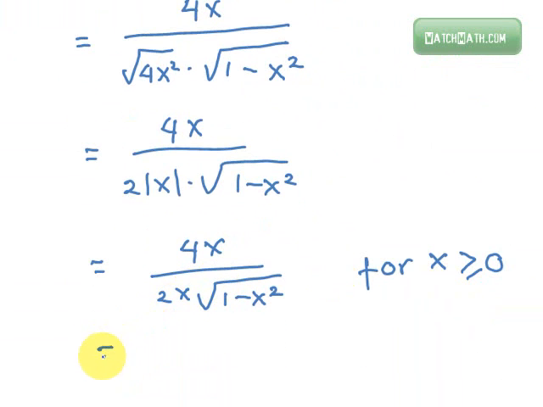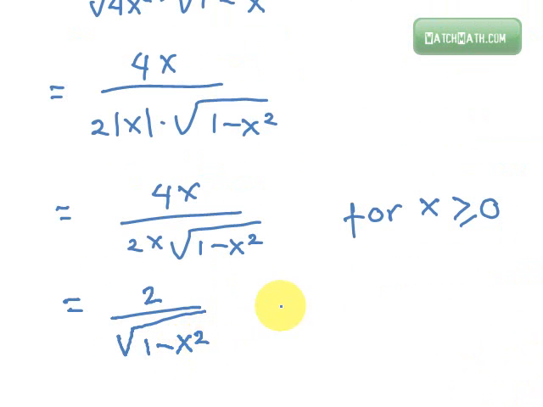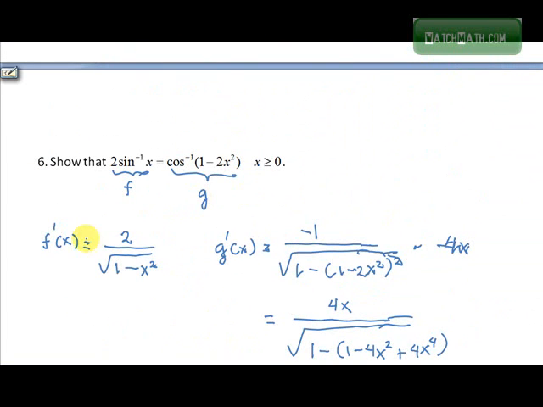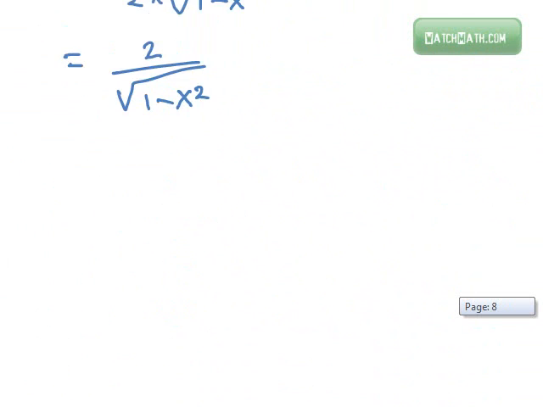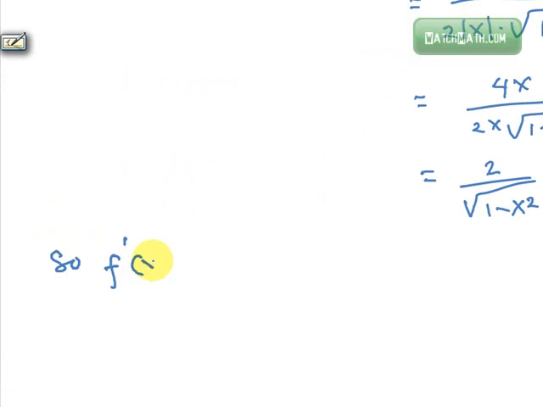So this simplifies to 2 over square root of 1 minus x squared. And we can see that this expression is exactly the derivative of f. So we have that f prime of x equals g prime of x for all x greater or equal to 0.